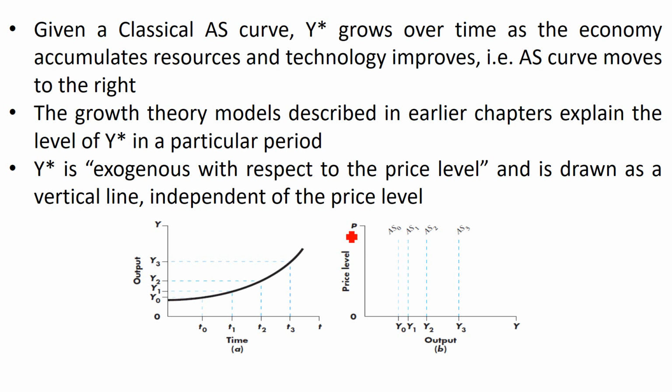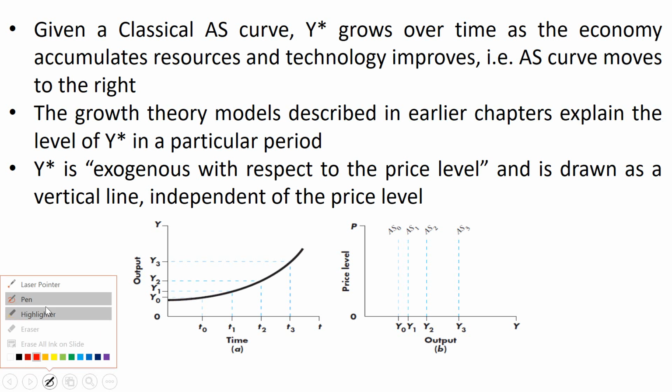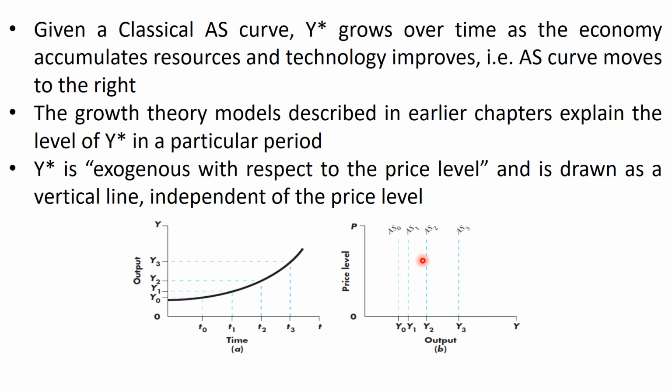What we can see in the diagrams is that here on the right-hand side, output, and specifically potential output, can grow over time as an economy's access to resources and technology improves. On the left-hand side, we're merely measuring how output changes over time. So on the horizontal axis, we've got different time periods, and on the vertical axis, we're now measuring output.